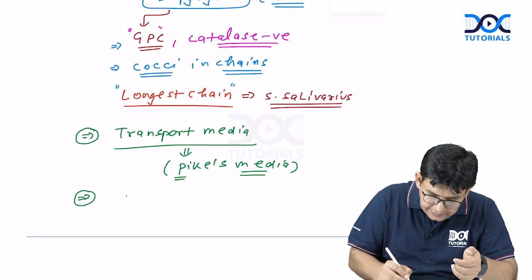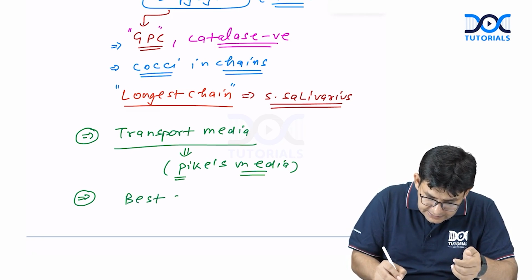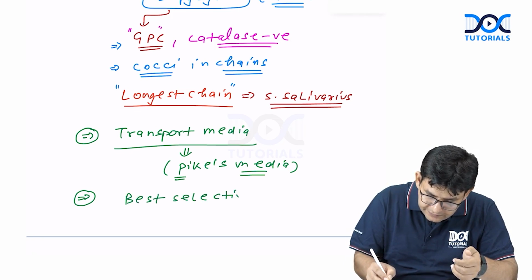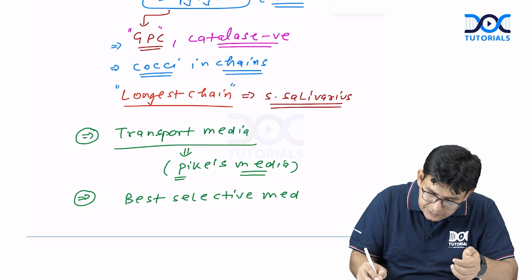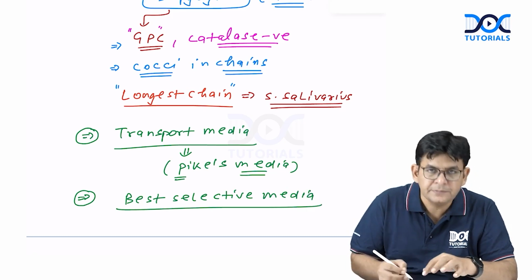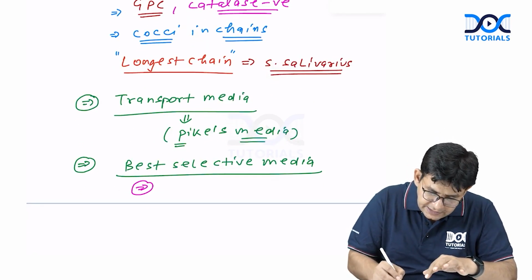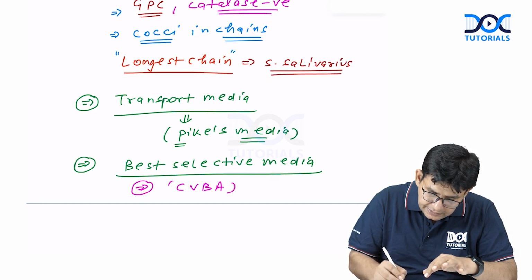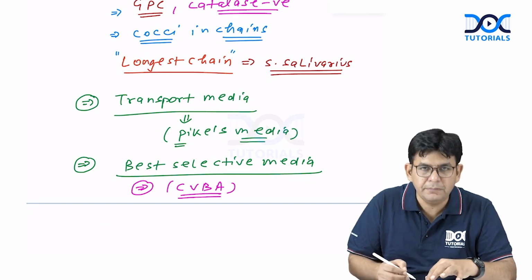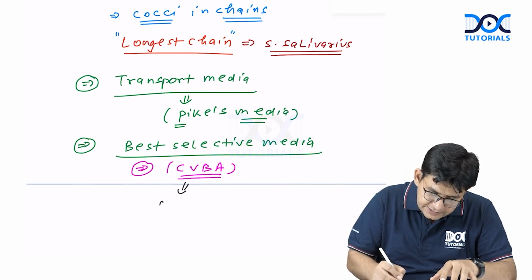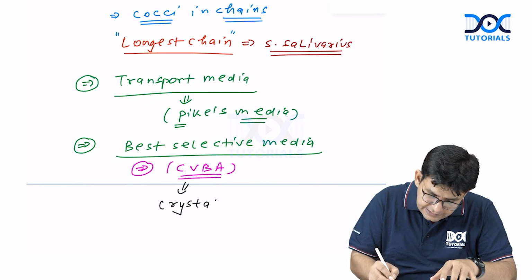Then the best selective media, if somebody asks you for Streptococcus pyogenes, is what, guys? CVBA. And what is CVBA?